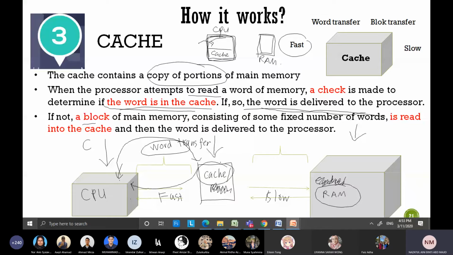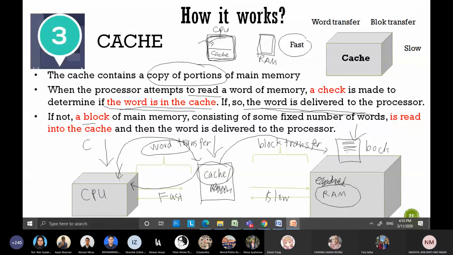If not, it will go to the RAM to find that instruction, but it will not only take that one instruction, it will take a block of instructions. So this block of instructions will be transferred into the cache. Block transfer.